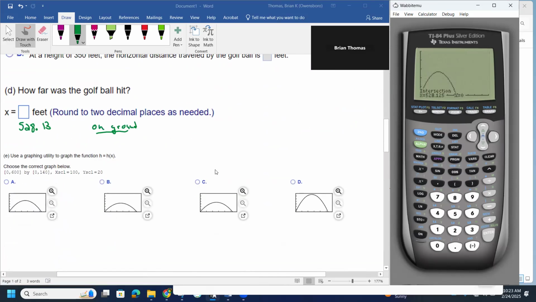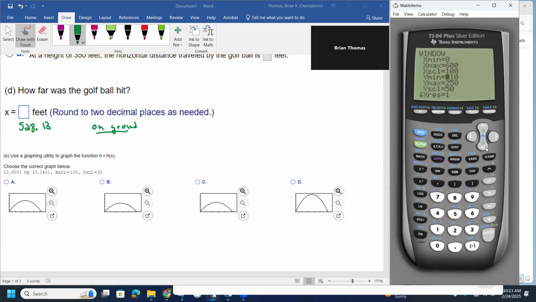Now here they actually give us a scale to go by. So they want our x's to go from 0 to 600. So if I change my window, I went from 0 to, well, actually, I went to -10. So they want us to go from 0 to 600. They want to match that viewing window. And then they want us to make the y's go 0 to 140. So let's make the x scale go by, they say x scale goes by 100.